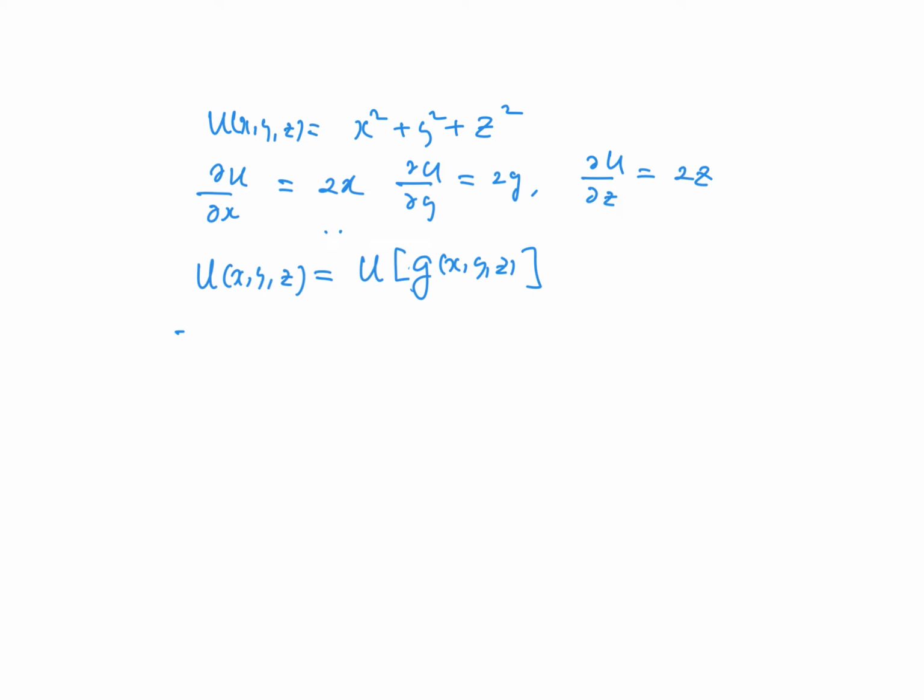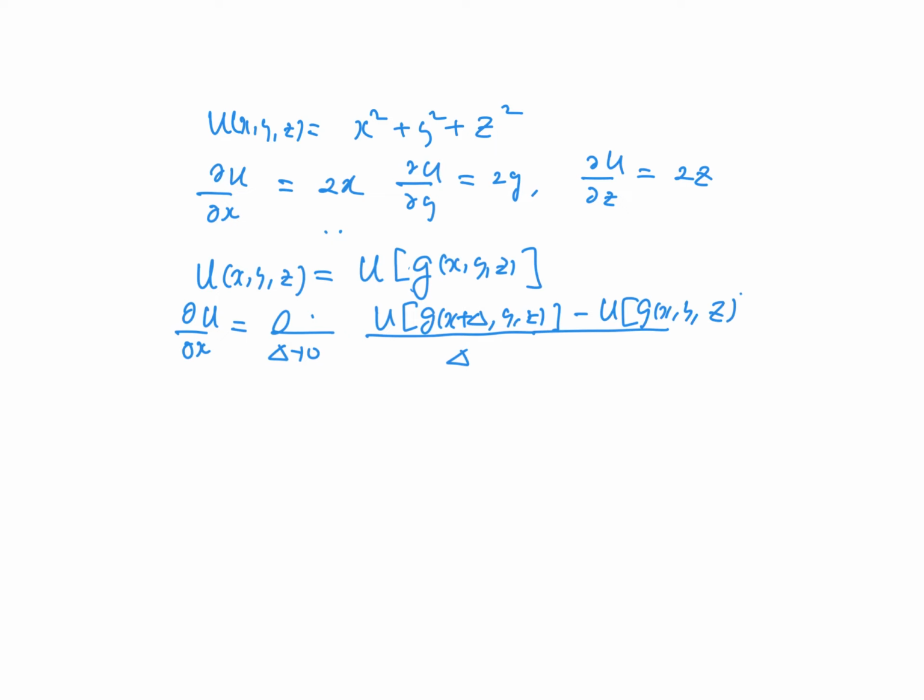So partial x of u is actually u(x plus delta x, y, z) minus u(x, y, z), right?